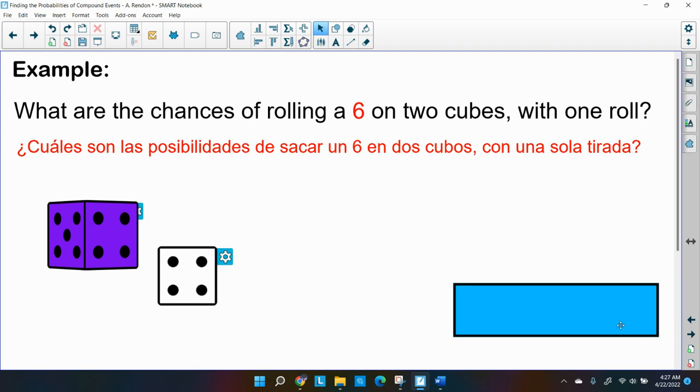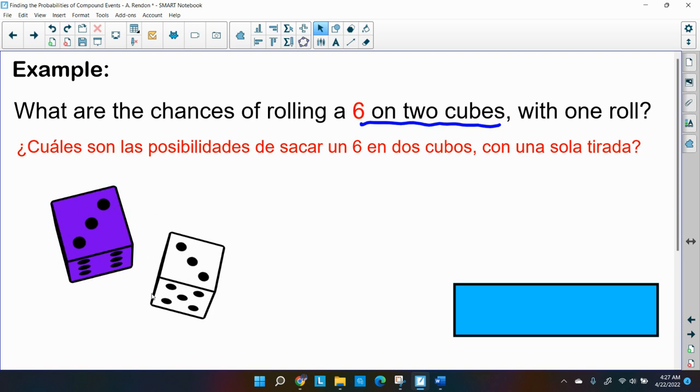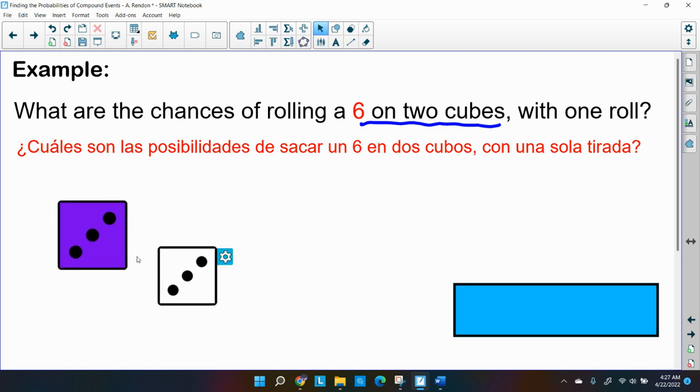Now we have to really compound our probability, because I have a purple cube and a white cube. This time we want a 6 on both cubes in one roll. So I spin them. I got 3s, but I need a 6. Let me see what the probability of doing this on both is.